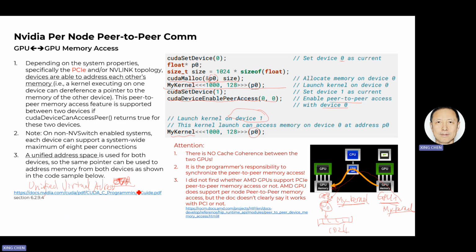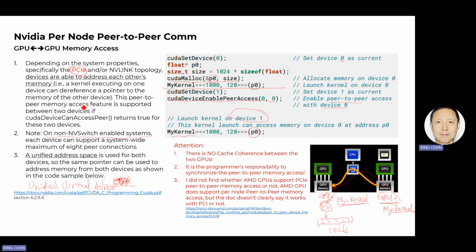UVA. And it said here that on non-NVSwitch enabled systems, you can only have up to 8 GPUs to do this kind of peer-to-peer memory access. Now, right now we focus on PCIe.